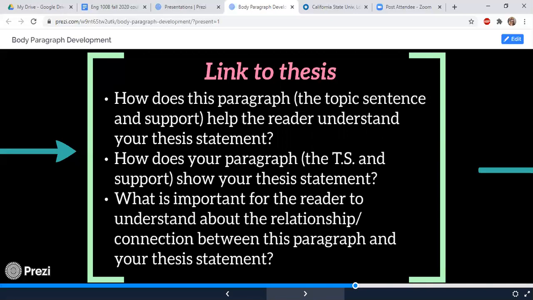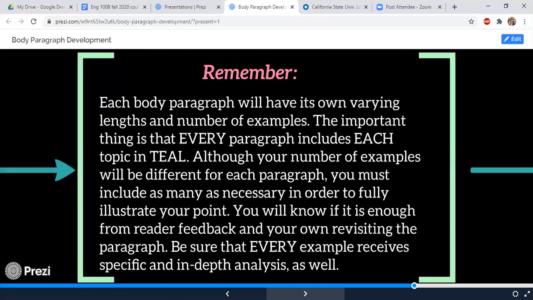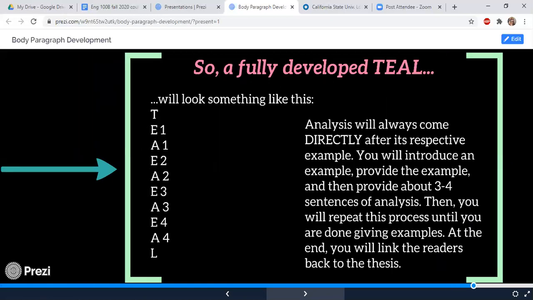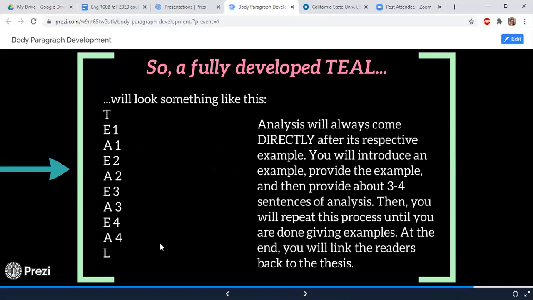But I'm going to skip ahead really quick to show you something, okay? You're going to have multiple examples per paragraph, and I mentioned that earlier. You should have multiple examples per paragraph. So here's an example. Let's say you have 4 examples in one body paragraph. The analysis for each example is going to come directly after that example.